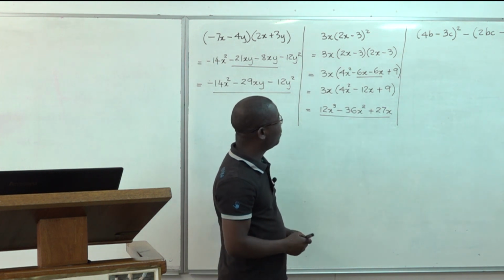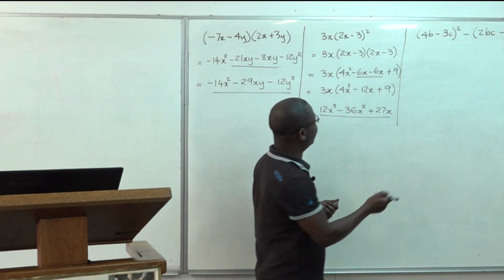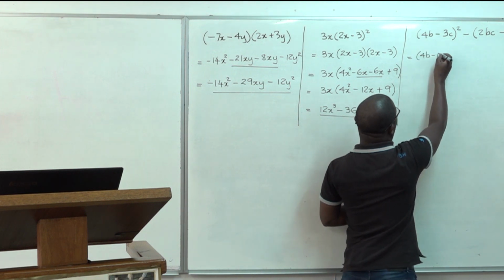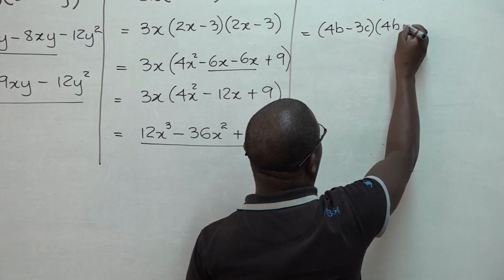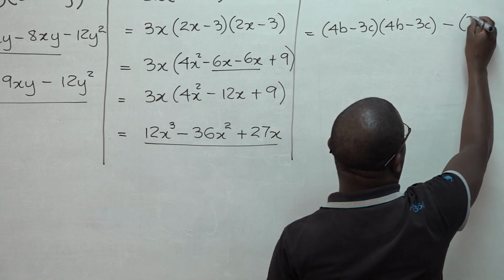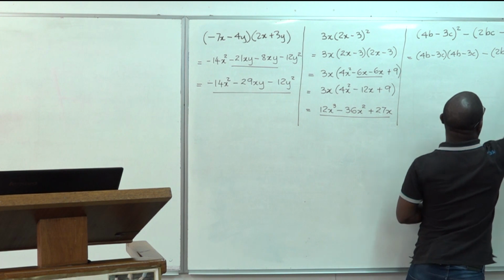In the last example, again, we've got a perfect square, and we need to simplify that. So it gives us (4b minus 3c) in brackets, (4b minus 3c), and then minus in brackets (2bc minus 8c squared).